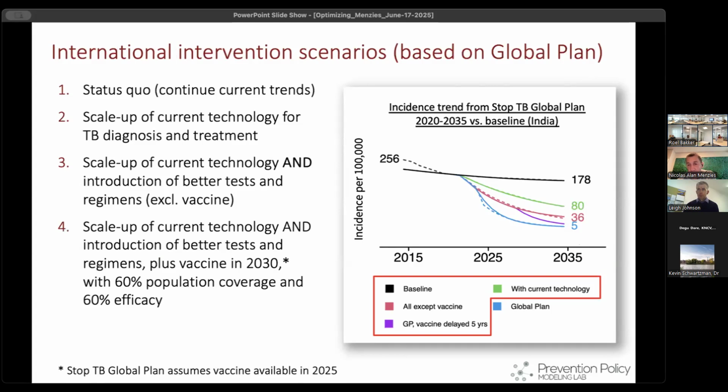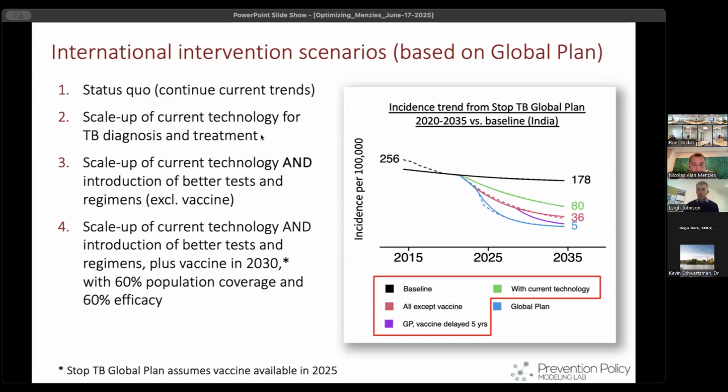The blue line is the modeling results for the Global Plan, with the solid line being the actual modeling and the dashed line being our model fit to those trends. And then between the blue line and the black line were some intermediate scenarios, which you can see described here.